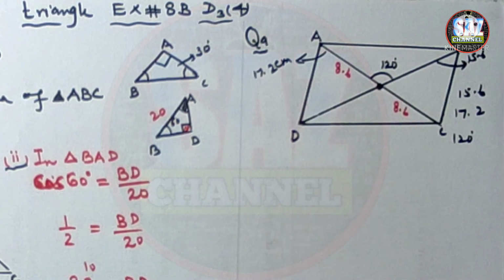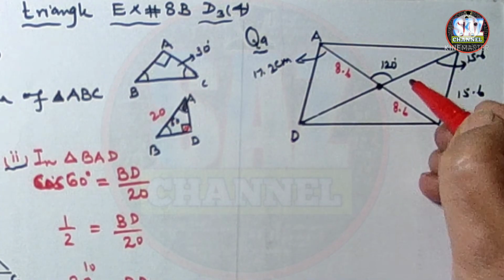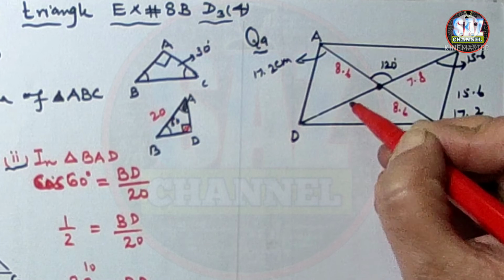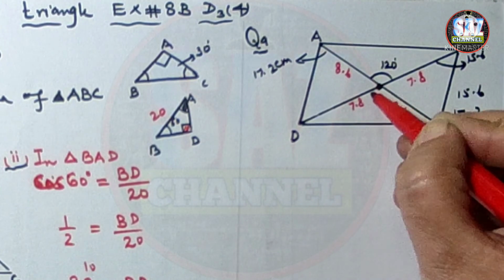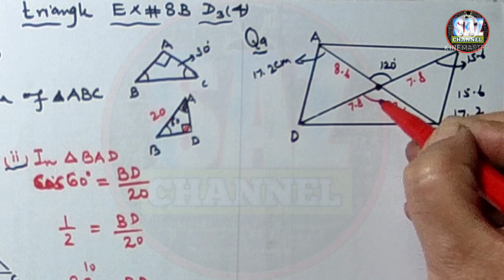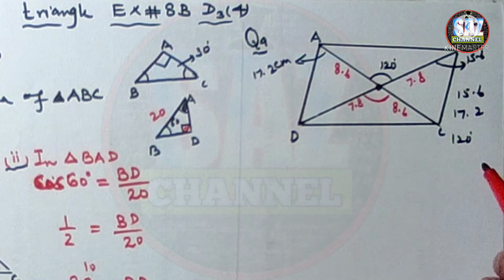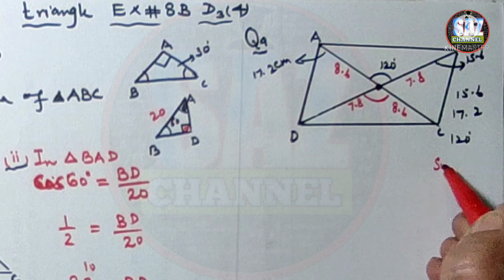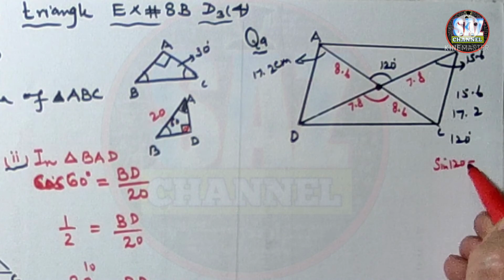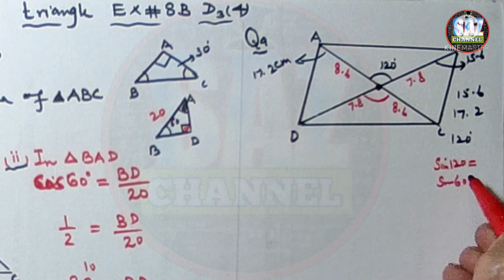And 15.6 divided by 2 is 7.8 and 7.8. Due to vertically opposite angles, this angle will also measure 120 degrees, and as we know, sine 120 equals sine 60 degrees, both are the same.